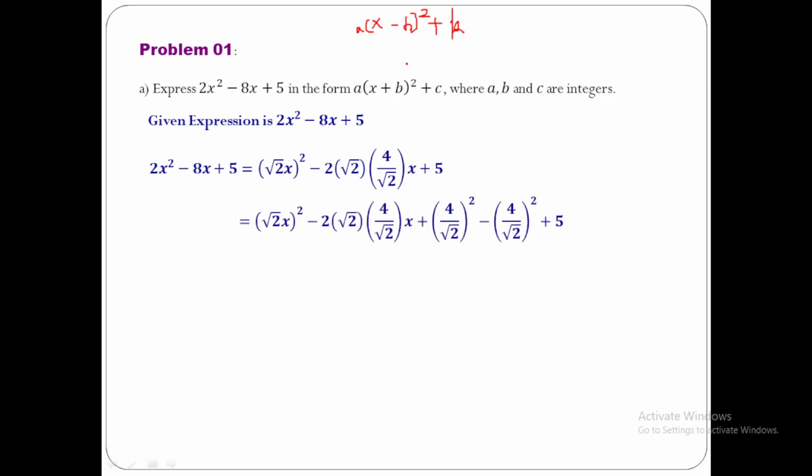Now the b value is 4 over root 2, and root 2 x is the a.